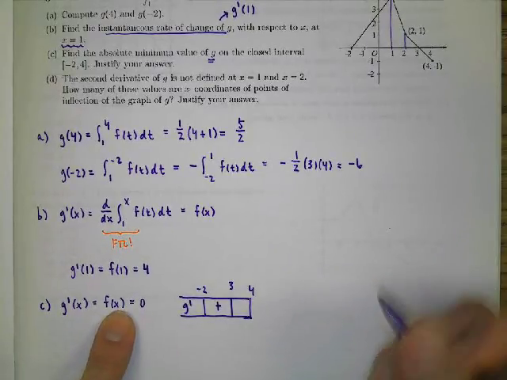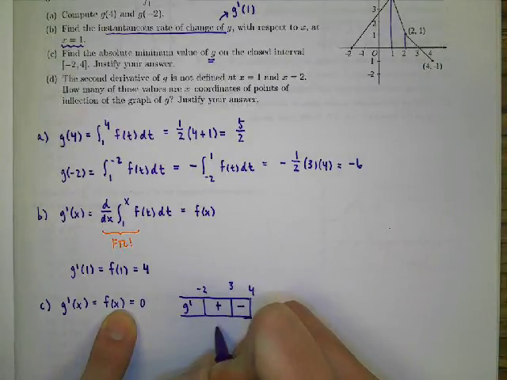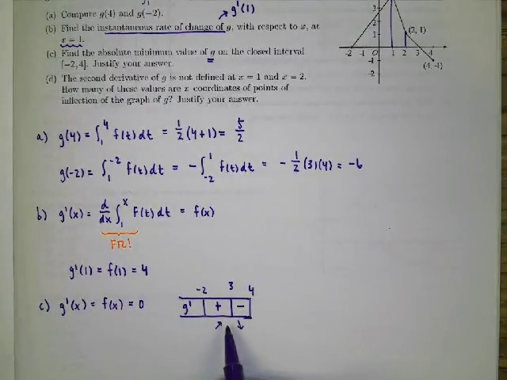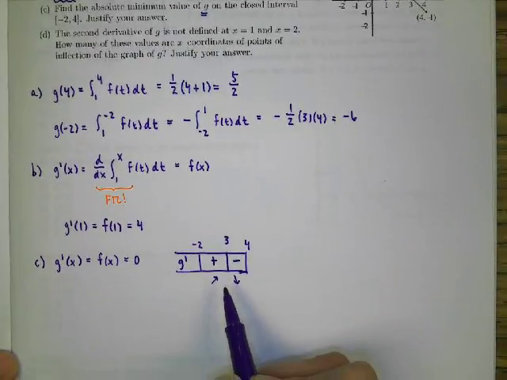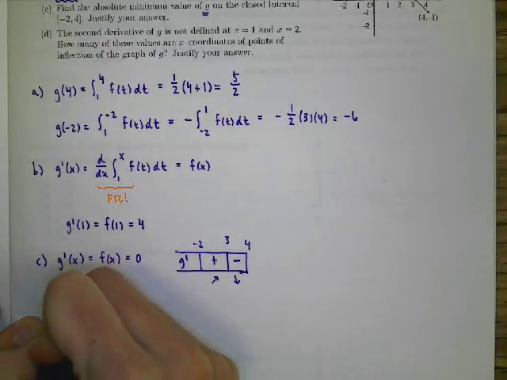G prime, which is equal to f, is negative where it's below, which is between 3 and 4. So now I notice I have a max at x equals 3. Since I'm increasing from -2 to 3 and decreasing from 3 to 4, that tells me my minimum values are going to be at the endpoints. So that's the first thing I'm going to make a note of.